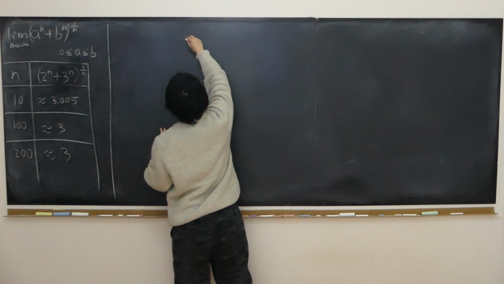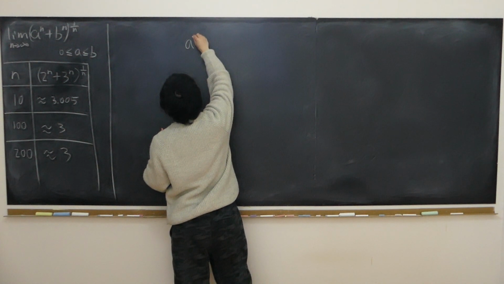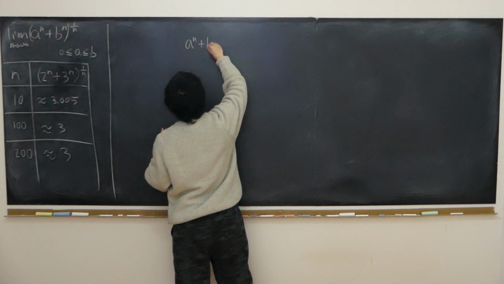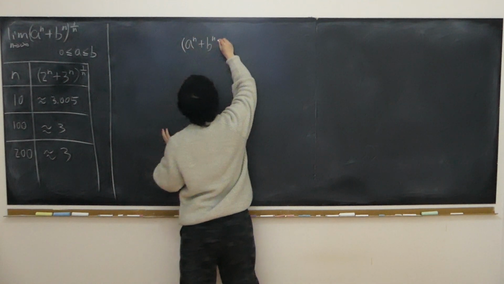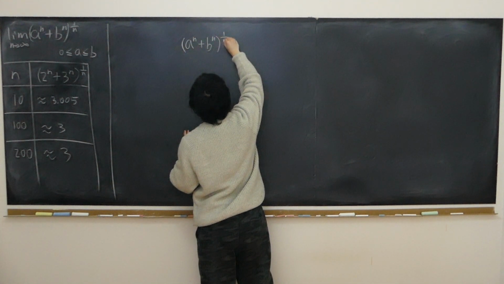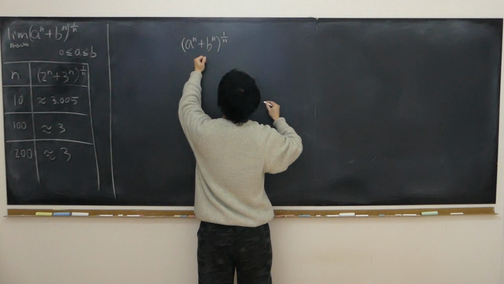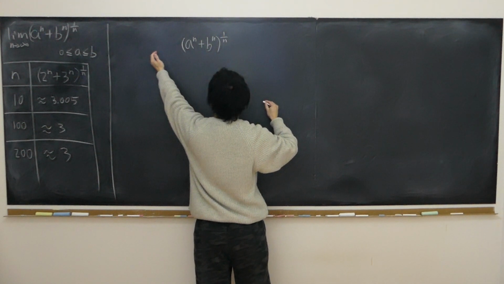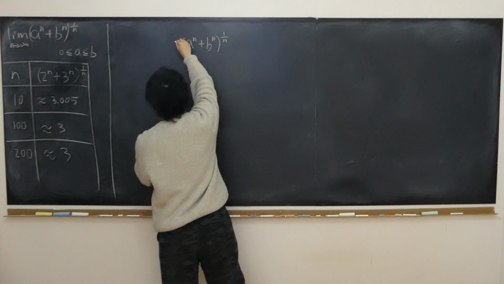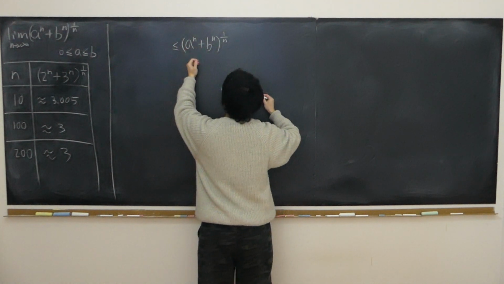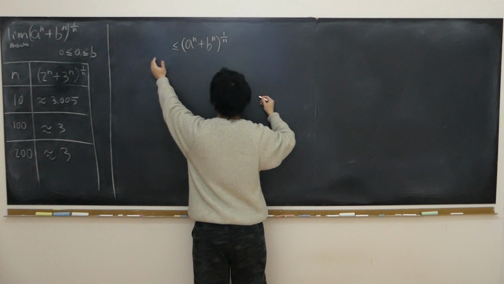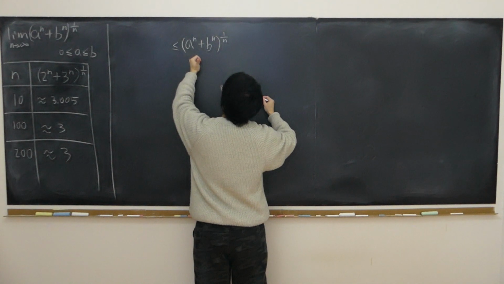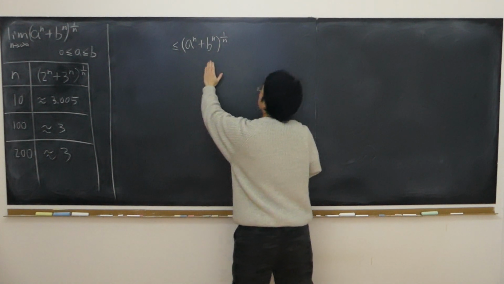Let's copy it down: a to the power n plus b to the power n, raised to the power of 1 over n. I want to shrink it a little bit on the left-hand side. I want to see whether it is larger than or equal to some other quantity. Make it smaller. So how can I make it smaller?